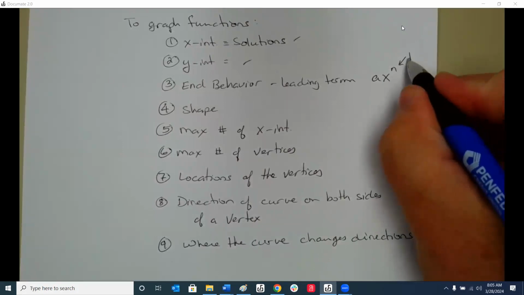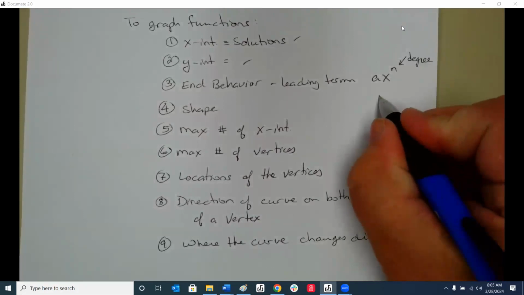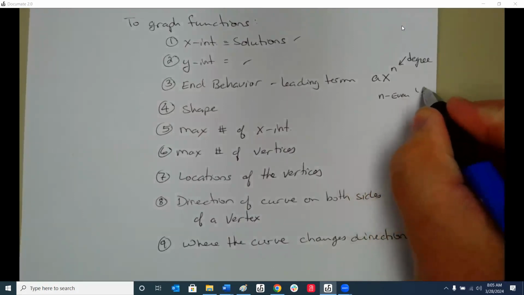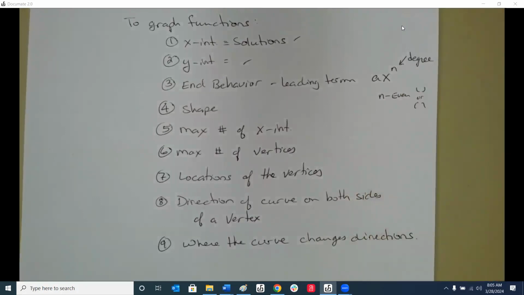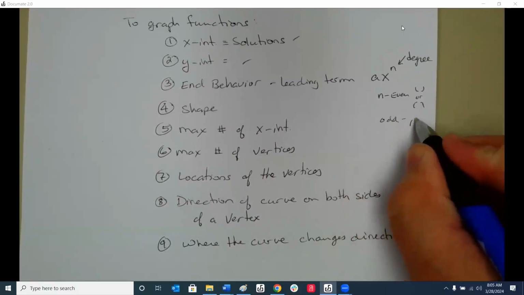The degree of the leading term tells us what? If it's even or odd. If it's even, then both ends point up or point down. If it's odd, then they point opposite.